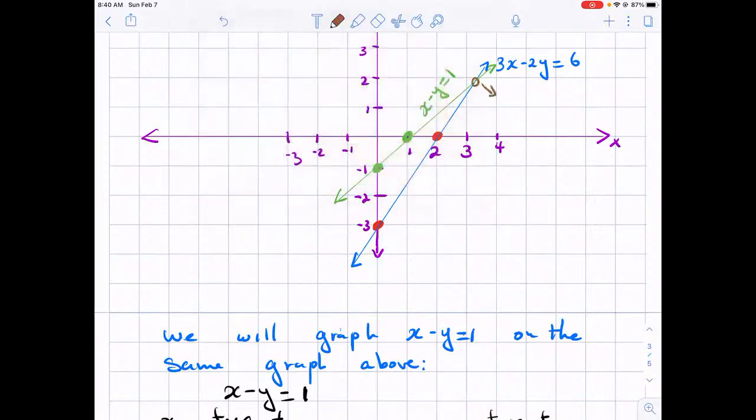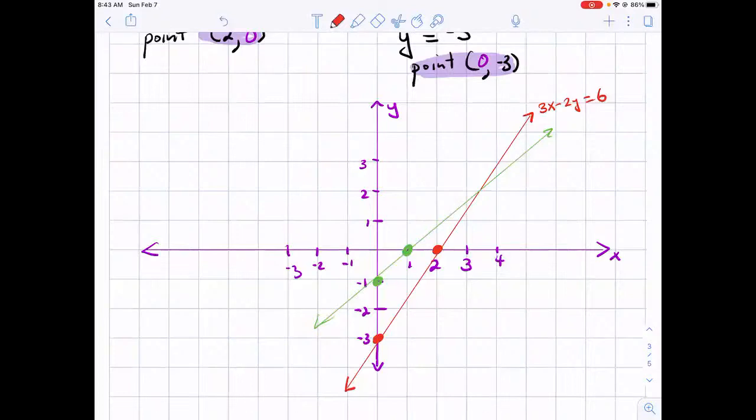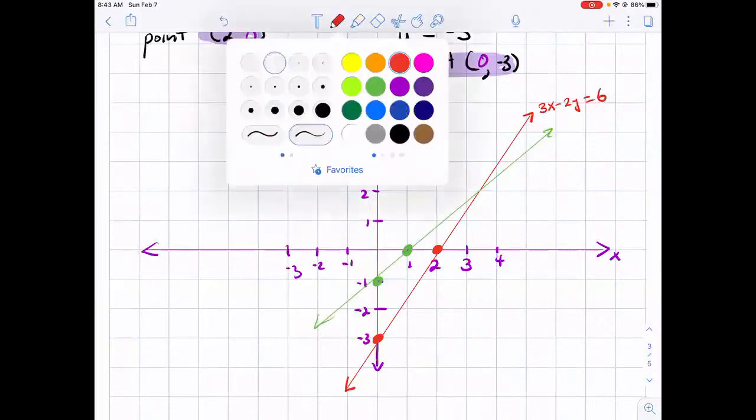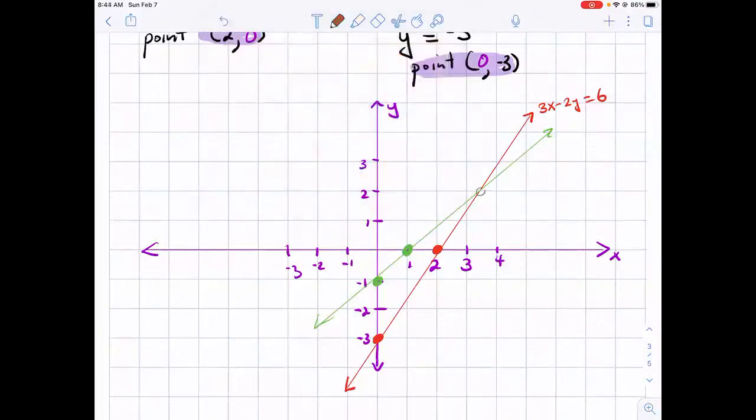here, this is our solution. The solution is some x comma y. So, as I was saying, this point here is your solution. Now you'll notice that that solution is not very easy to read, and there could be a couple of reasons why.